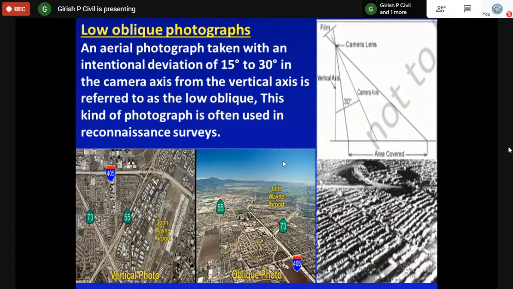If you see the vertical photograph image for the same area, and then take a low oblique with a deviation of 15 to 30 degrees from the camera axis, the image will look like this. That is very clearly seen in the oblique photograph.